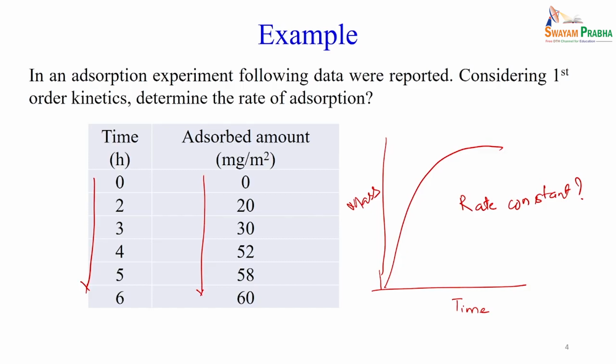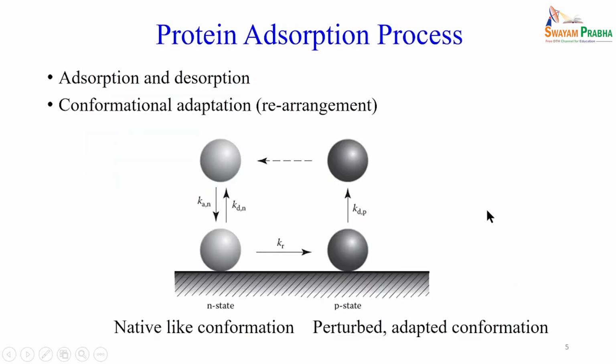First, let us see what happens during the adsorption of protein. Typically, this is the protein in the bulk solution, and it is coming onto the surface. The first step is adsorption and desorption. You can see this is the adsorption and this is the desorption.